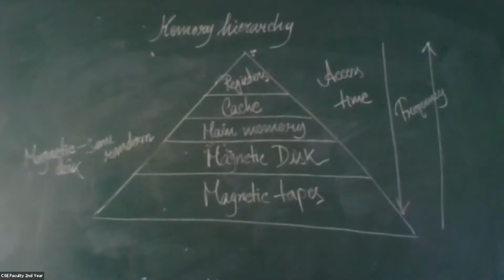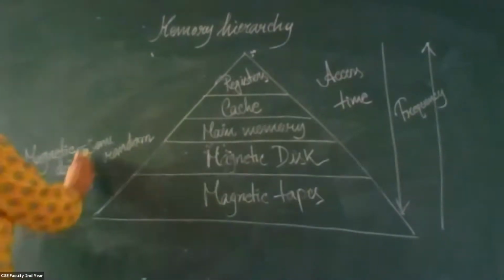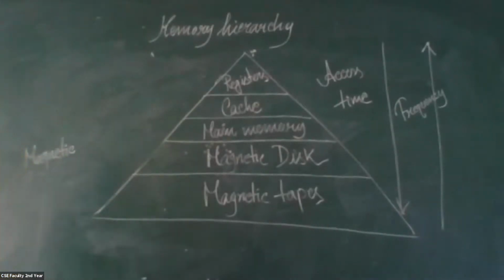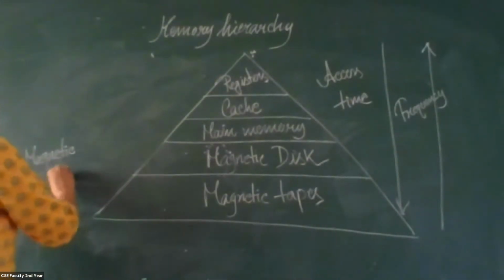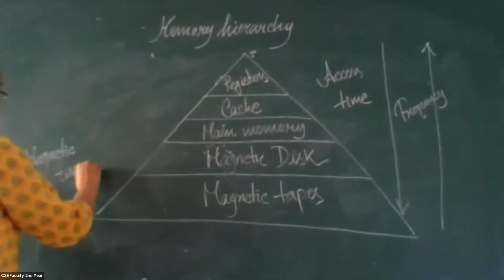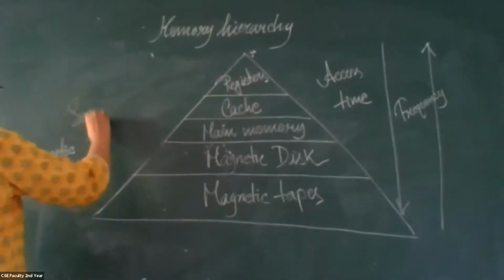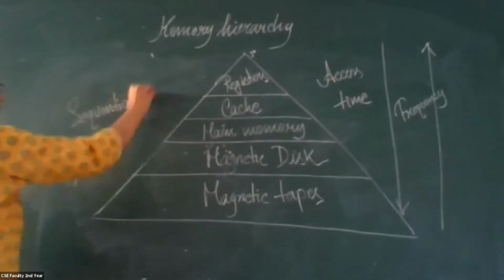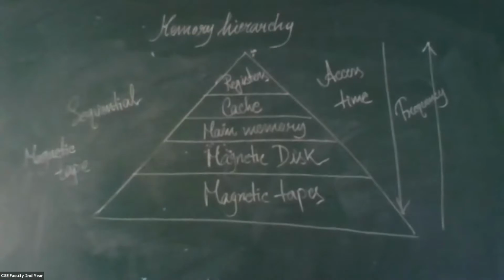And next is the magnetic tape. This is sequential. This is sequential access. Because you see in a CD, when you open a CD, you get a list of songs. Okay, you click on a song. So now you are on that particular track.